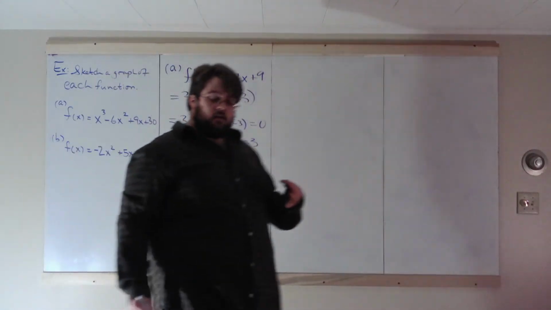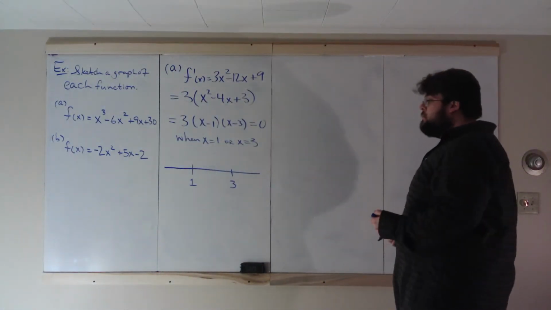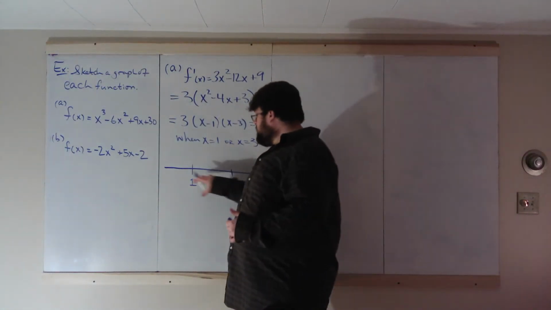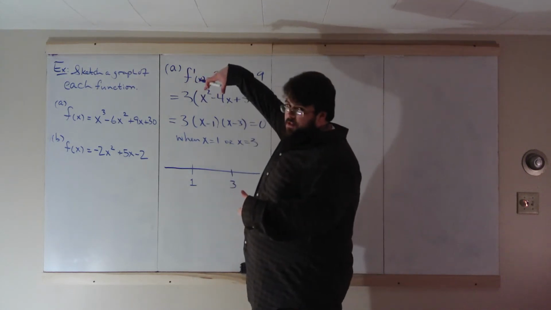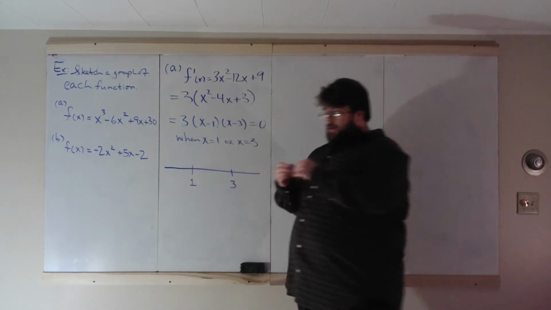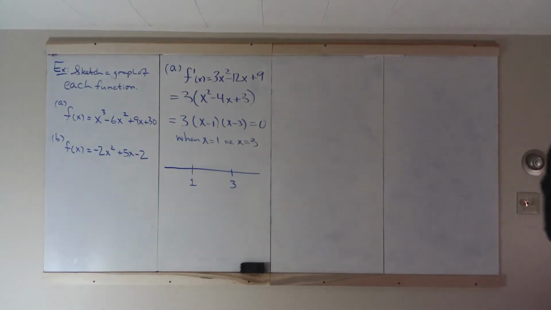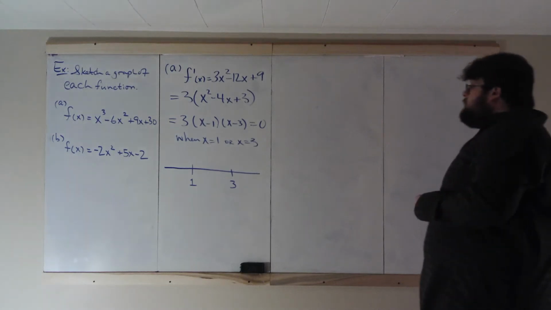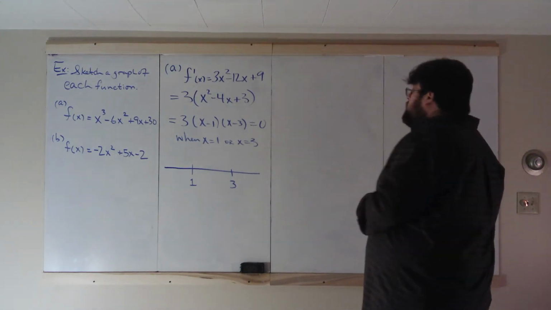So everywhere else, it's not 0. So between 1 and 3, it'll be always above 0 or always below 0. Between negative infinity and 1, it'll always be above 0 or always below 0. Between 3 and infinity, the same. It'll always be above 0 or below 0.